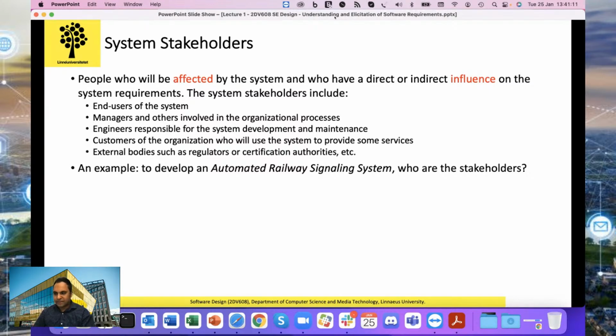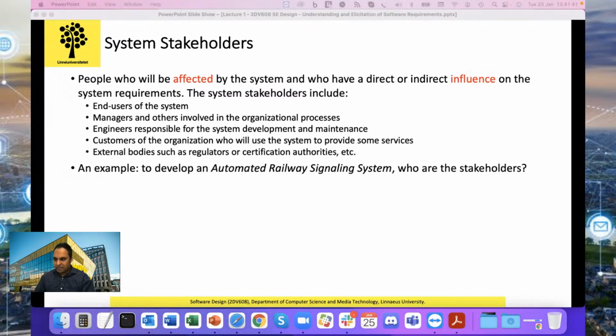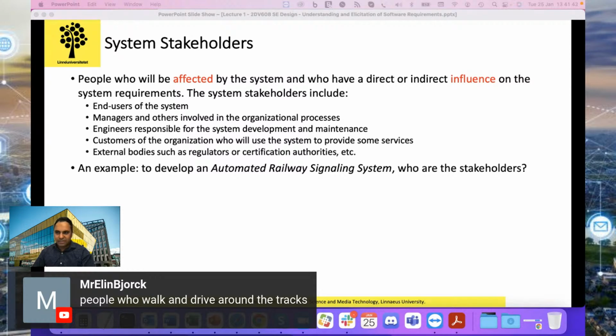Railway owners. Yes, usually the government is the railway owner, or the state or the country is the railway owner, right? But maybe any more specific stakeholders. Someone said, let me show this in the chat, people who walk and drive around the tracks.